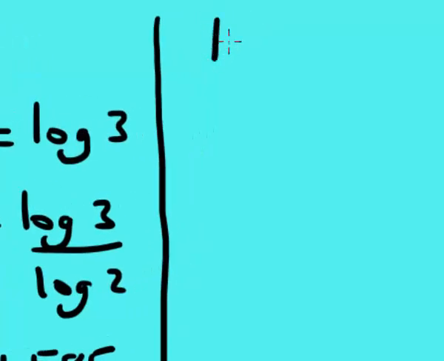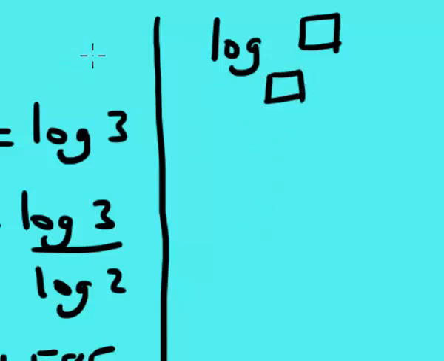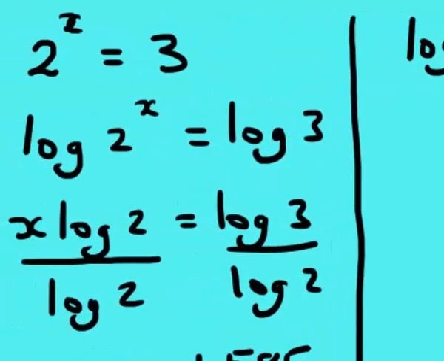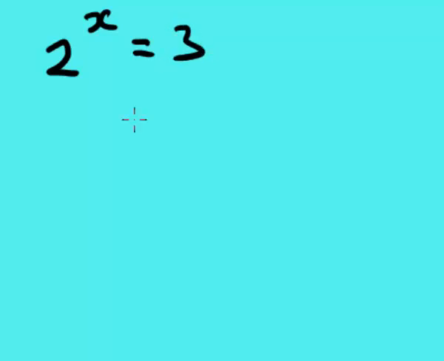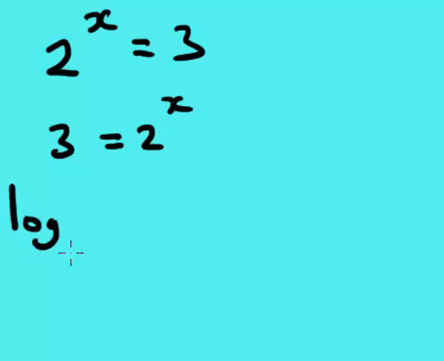But even better, your calculator has a button. You'll see your Casio calculators often have this kind of log button, and what it's doing is using the definition of log. So if you take, for example, 2 to the x is equal to 3, this is the same as 3 equals 2 to the x. Now the base is 2, so it goes to the other side and becomes the base at the bottom there, and x goes there.